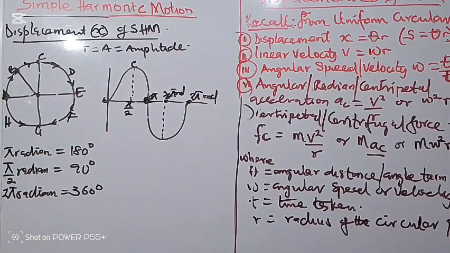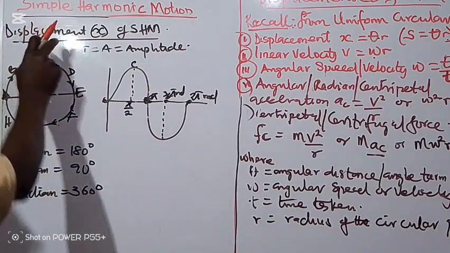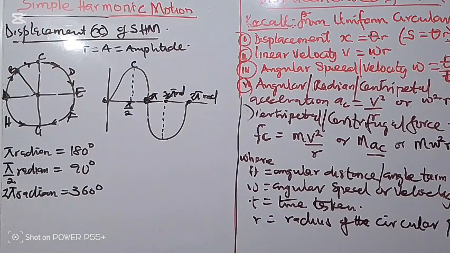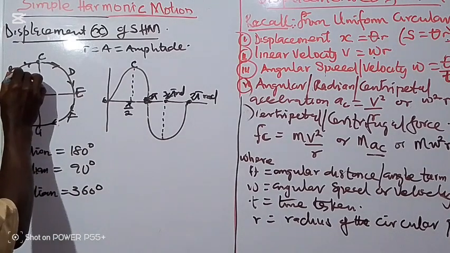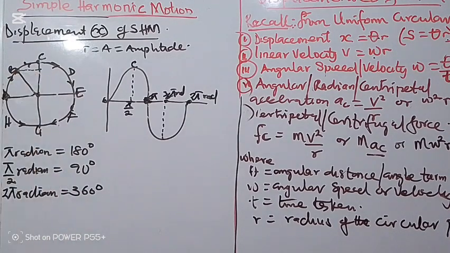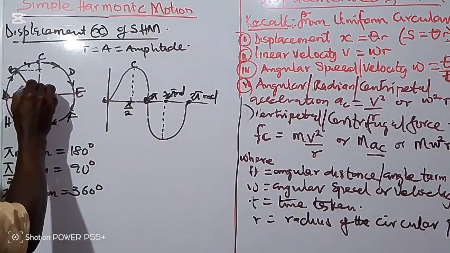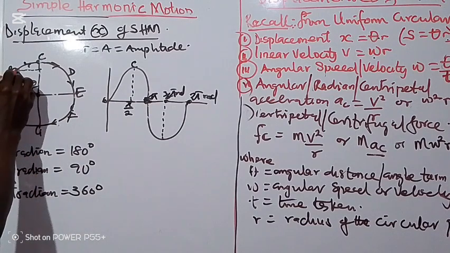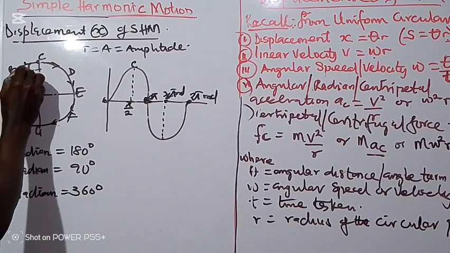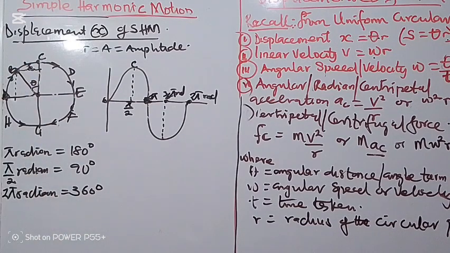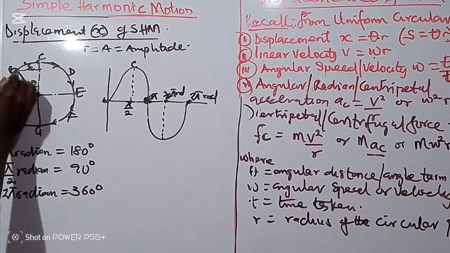Then what are we talking about? We want to look at displacement of simple harmonic motion. Displacement will be the angle made with the particle, this particular angle theta. Displacement here will be our x, from here to the point of intersection.